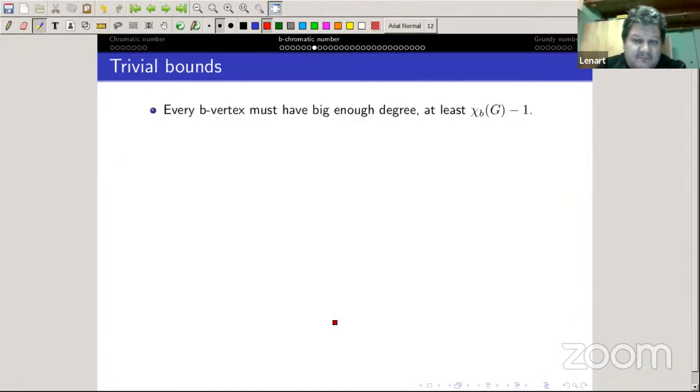What are typical bounds? For the lower bound, it's very easy. The chromatic number is, of course, the lower bound, but for the upper bound, we have a very natural upper bound, and this is because every b-vertex must have big enough degree, at least so much.